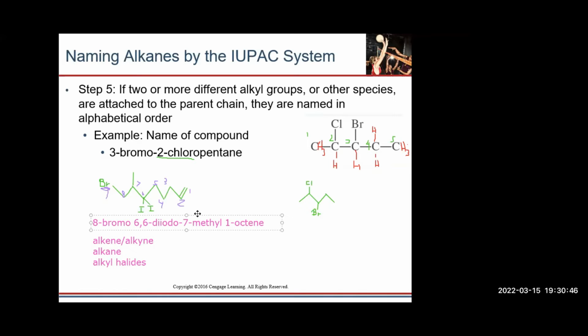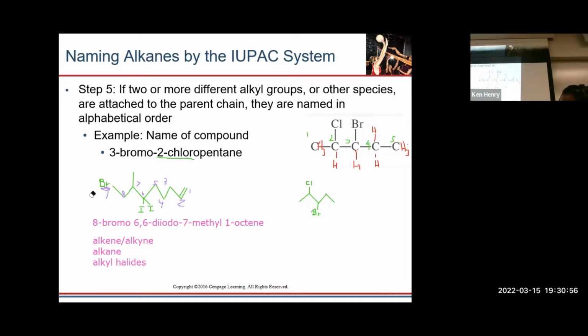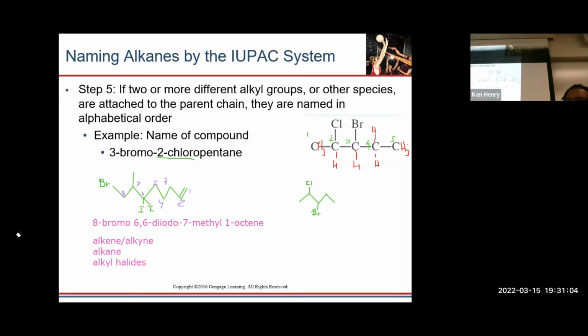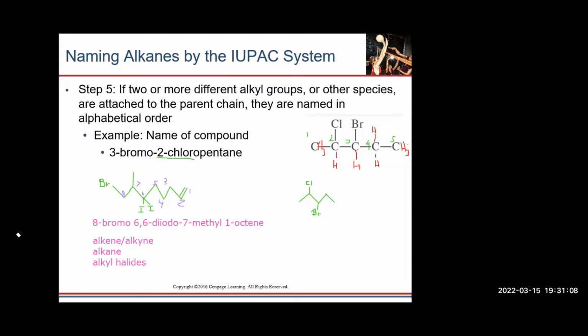Dr. Henry, I had a question, just clarification. When it's carbon, like at 7, we stick to the methyl or the ethyl or those prefixes. But when it's other elements, then that's when we use the actual element name.